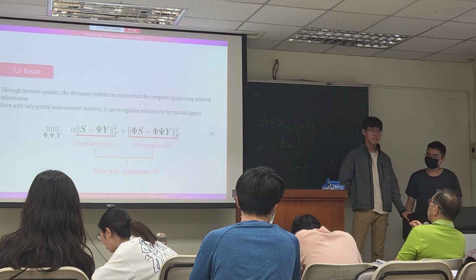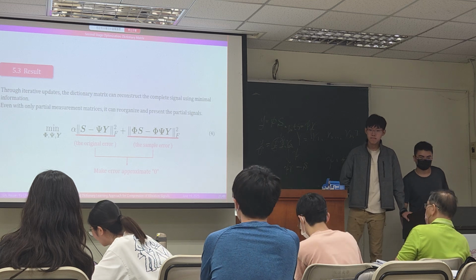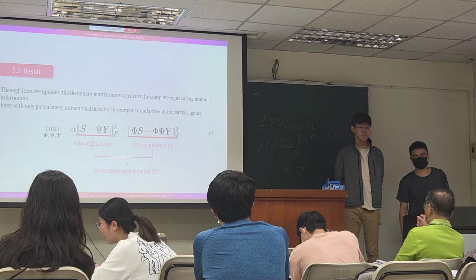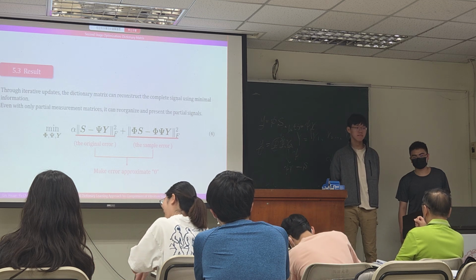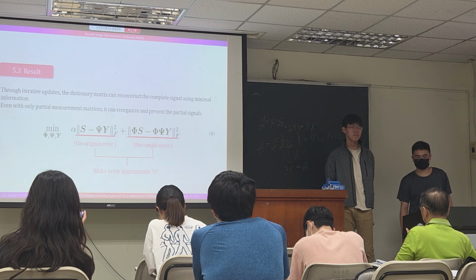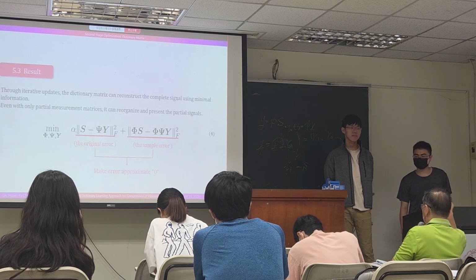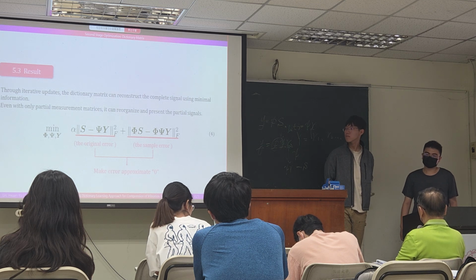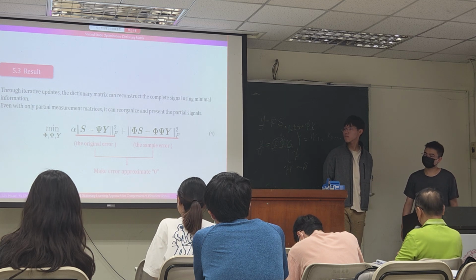But from my personal experience, the 2 norm, the Euclidean norm, and the norm square, I mean the distance square, will give us a smooth gradient. Okay, so that's another point I want to remind you.